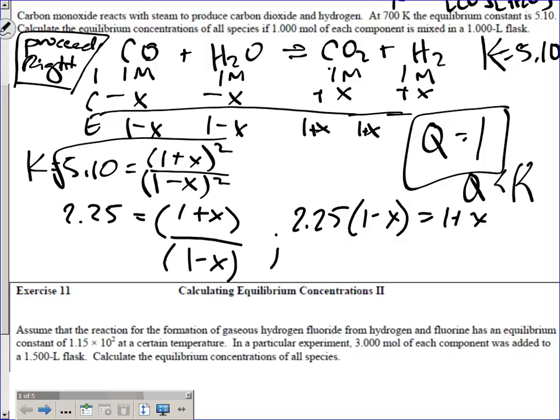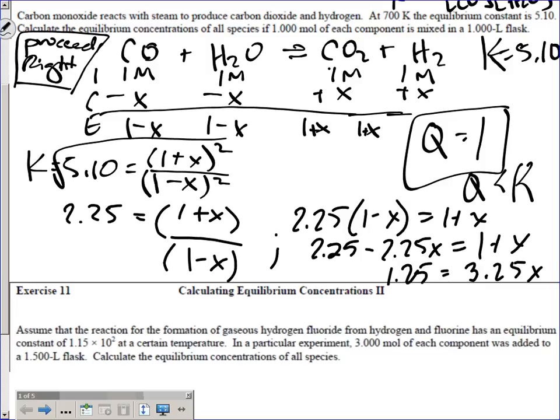I'm trying to give you some support, but there is a prereq for this class, and it's like Math 3, so I'm not going to baby you too much. 2.25 minus 2.25X is equal to 1 plus X. And then minus 1 over here, add your 2.25X over here, so 1.25 is equal to 3.25X. Yes? And then divide and solve.